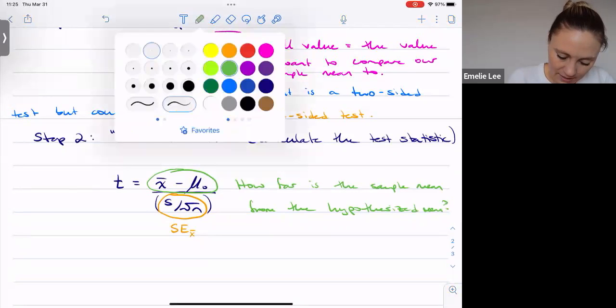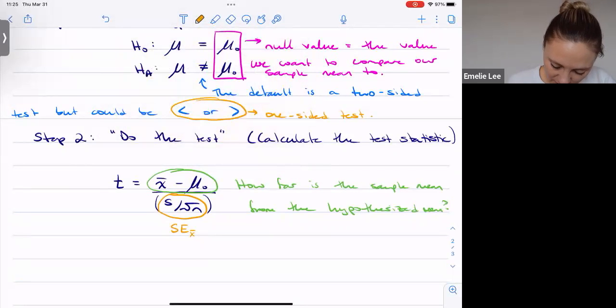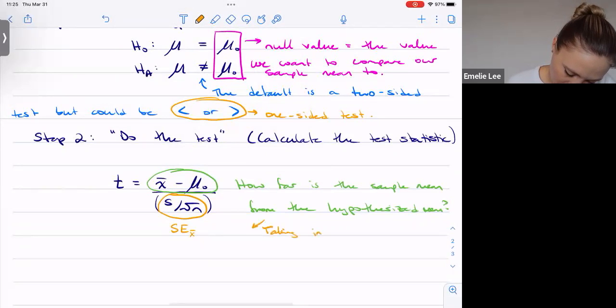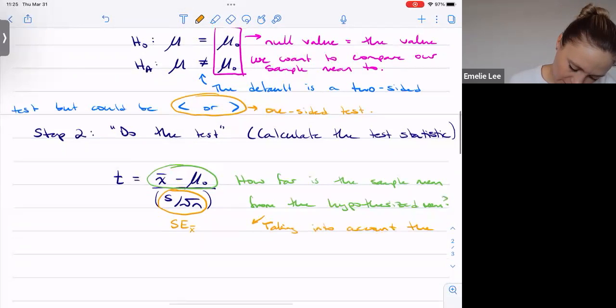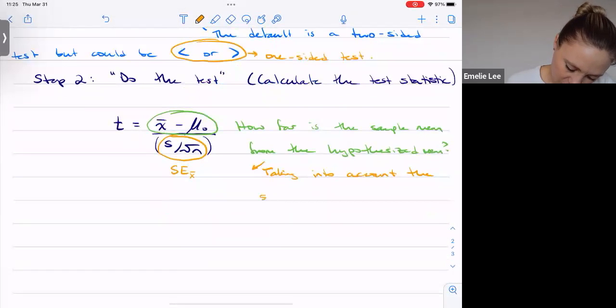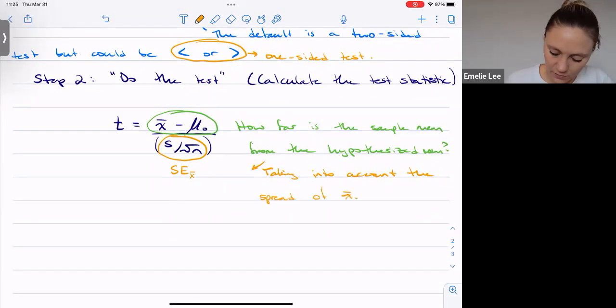And what we're doing is taking into account the spread of x bar, which is the standard error of x bar.